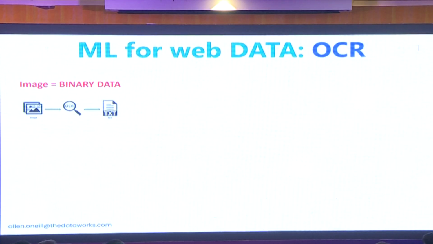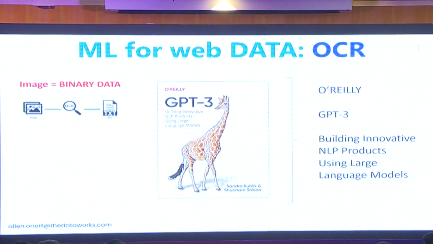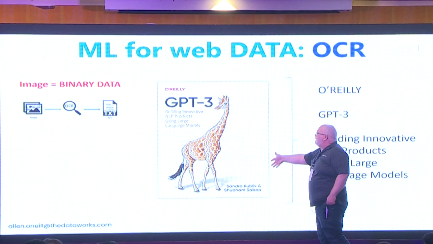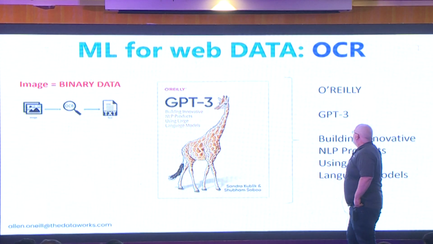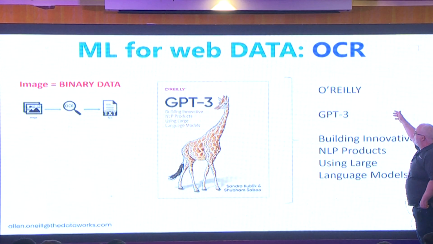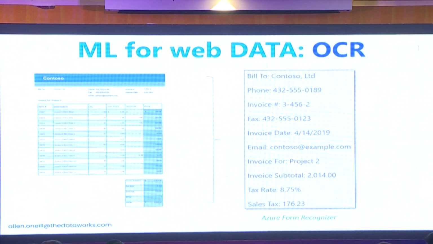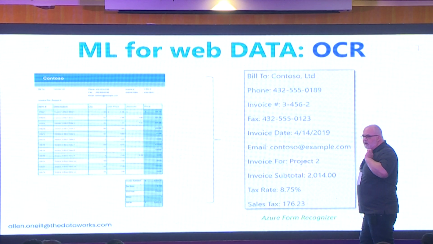So the next thing then is we can say, okay, in an example, there is an image of this beautiful giraffe, and we can do some OCR, and we can take out all of these words. So now we have text from a binary media image. The next thing we have here comes from Azure Form Recognizer, okay?